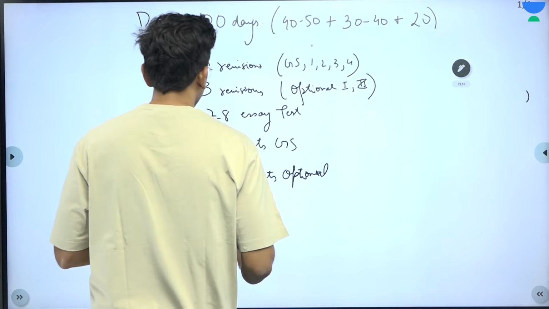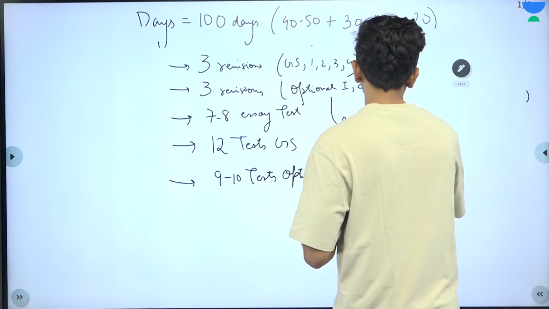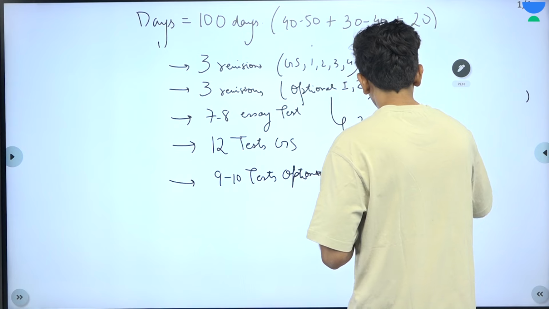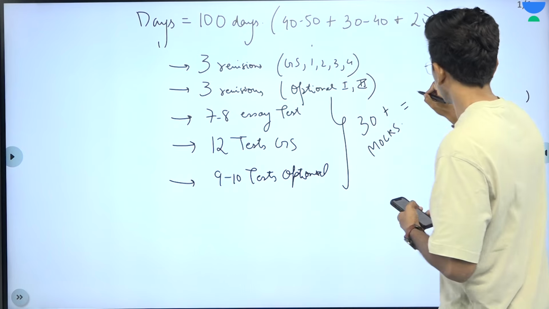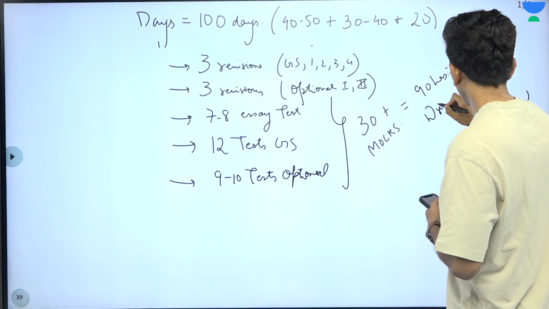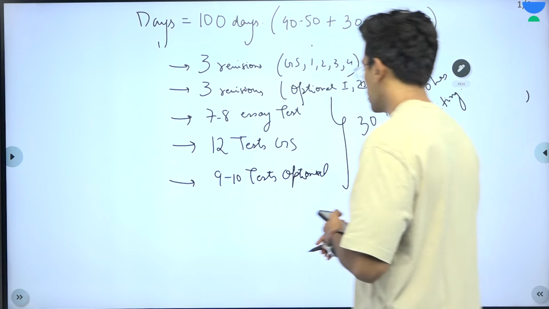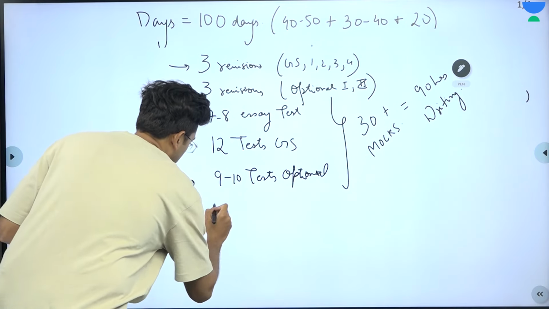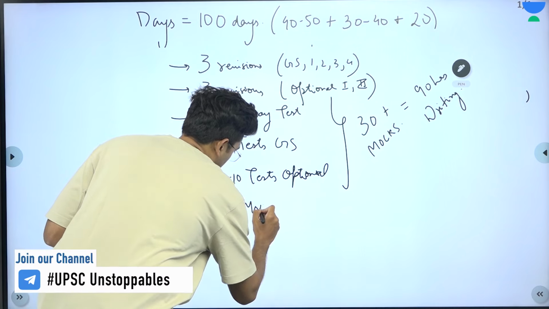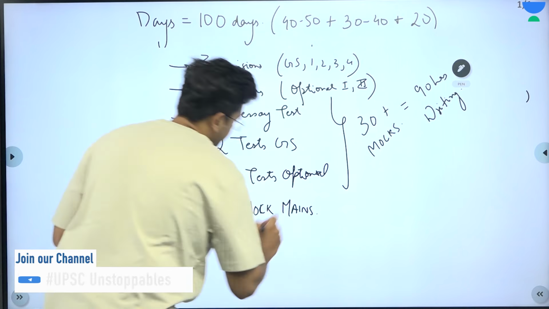Okay. So if I combine these, you have already written 30 plus mocks. That means more than 90 hours of writing. And this is where your answer writing skills are going to get so much better. You've already written 1 mock mains.